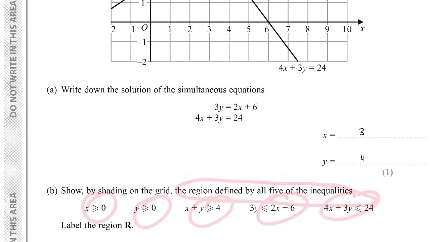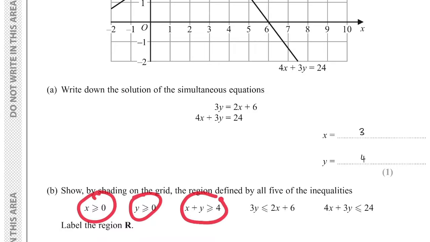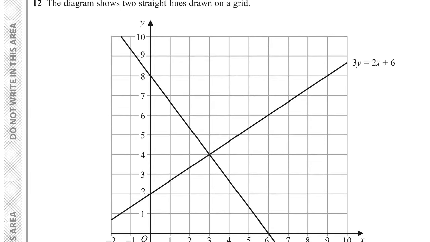The first thing we need to note is that two of the straight lines do appear on the diagram. These are just the axes. So I need to consider x plus y is equal to 4 and draw this line on my diagram. So consider x plus y is 4. It's a straight line.